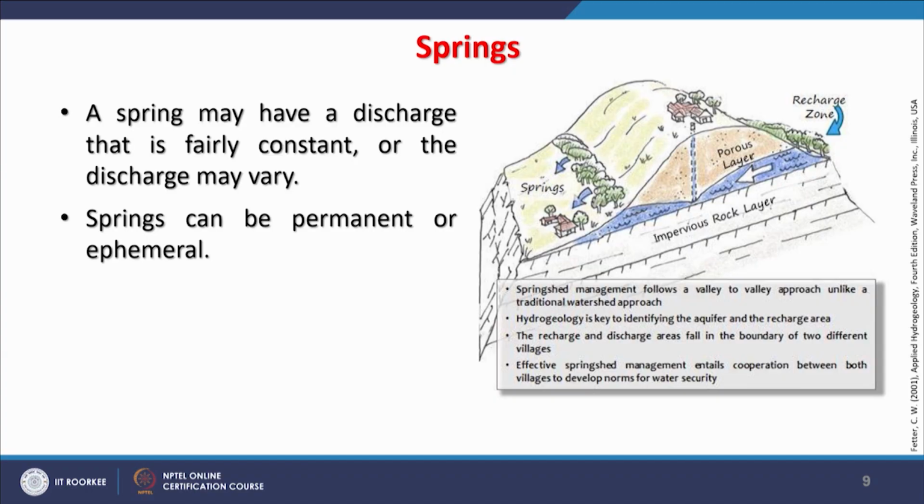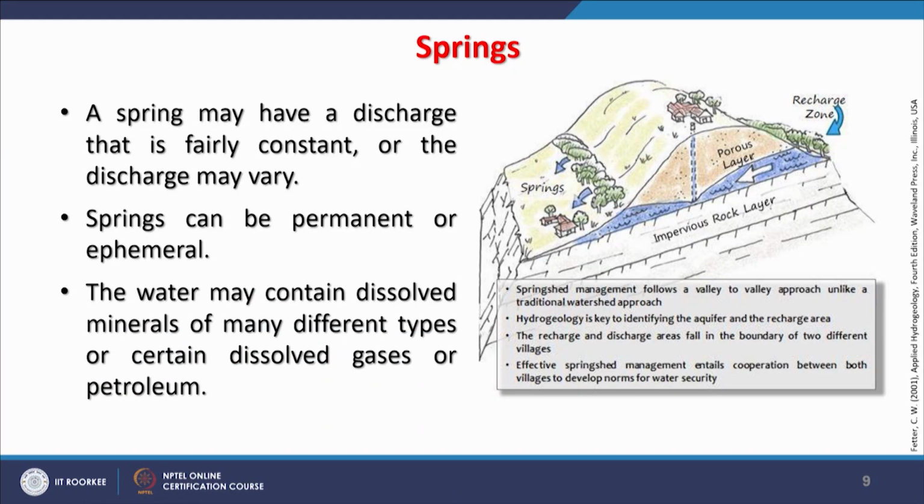Further, in the monsoon season many springs may have very high discharge, but later on the discharge may reduce. So, it depends on the size of the springshed which is supplying water to that. So, a springshed can be perennial or ephemeral.